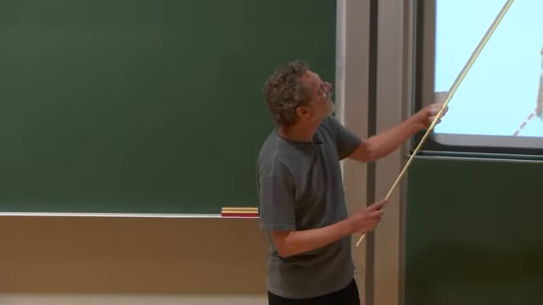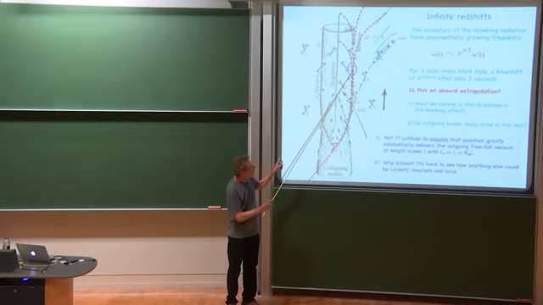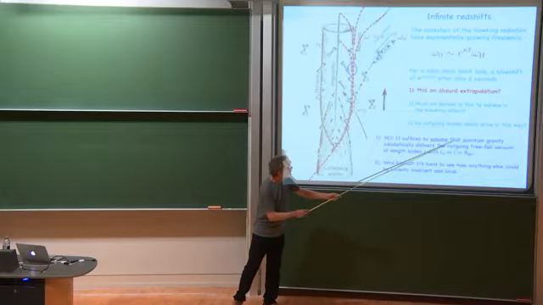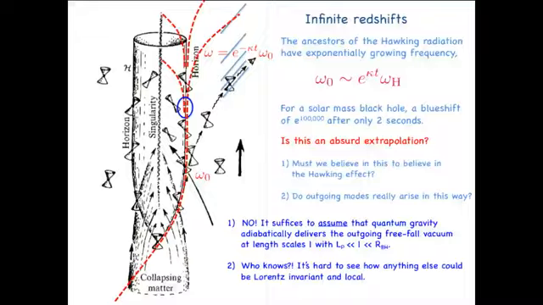And then at that scale, we have to assume some condition: we can assume that whatever quantum gravity is, it adiabatically delivers the outgoing free-fall vacuum inside this blue circle or ellipse at the scales that I just described. It's a natural assumption because these tiny scales see the space-time of collapse as just a constant background.